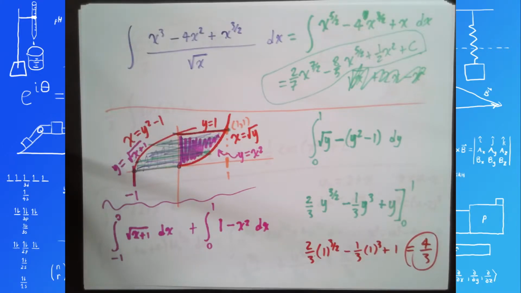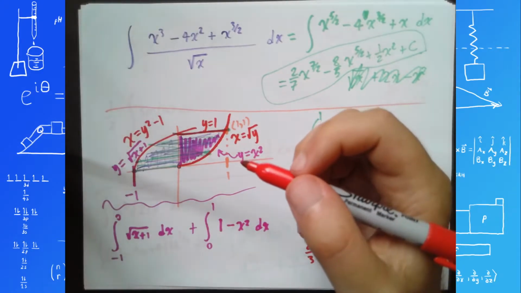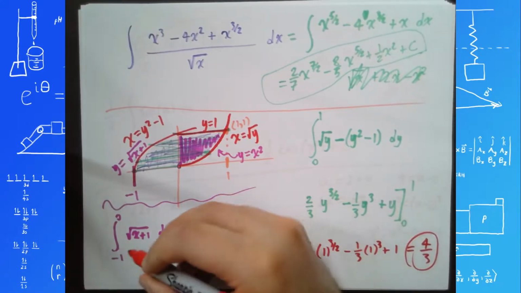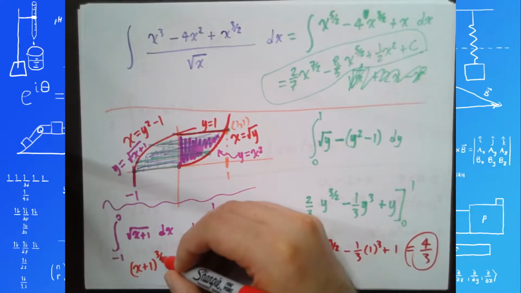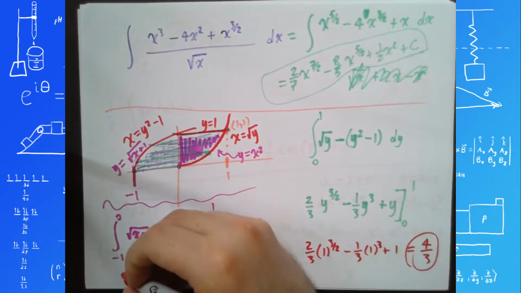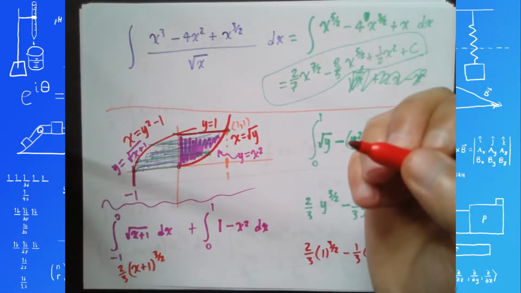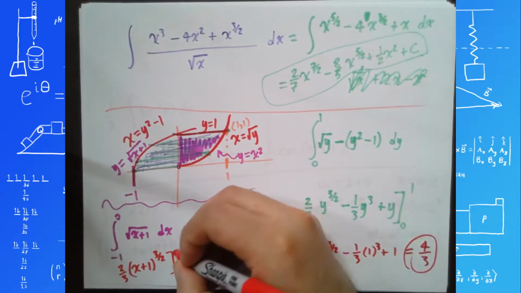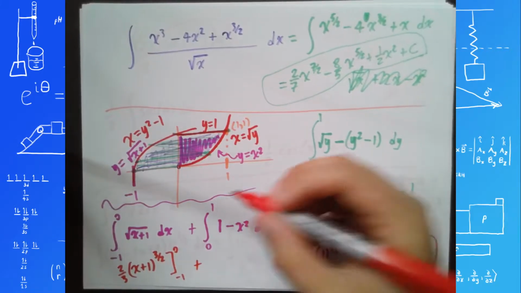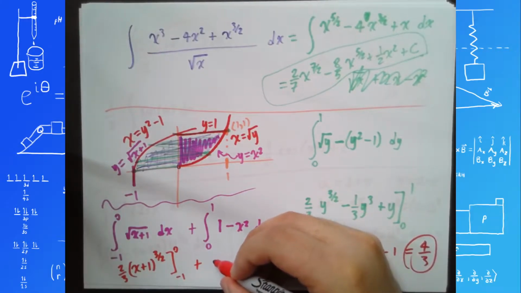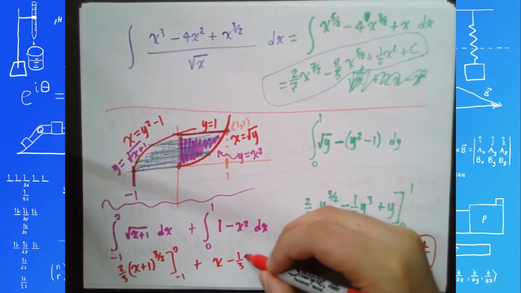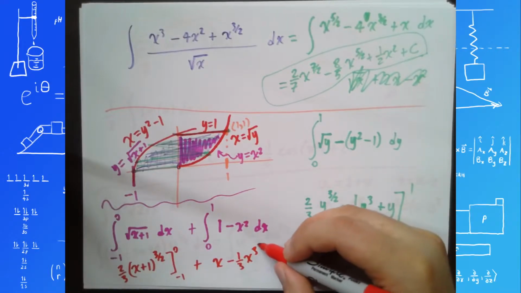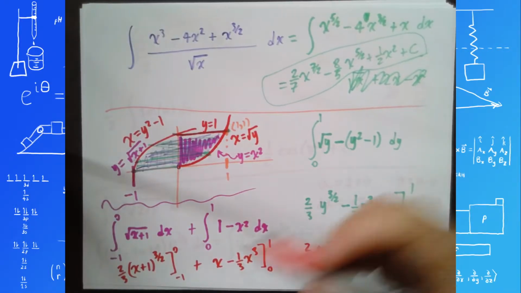So integral of x plus 1 to the 1/2 is just going to become x plus 1 to the 3/2 divided by 3/2, or times 2/3, and that's evaluated from -1 to 0, plus integral from 0 to 1, this one's going to be easy, x minus 1/3 x cubed, evaluated from 0 to 1.